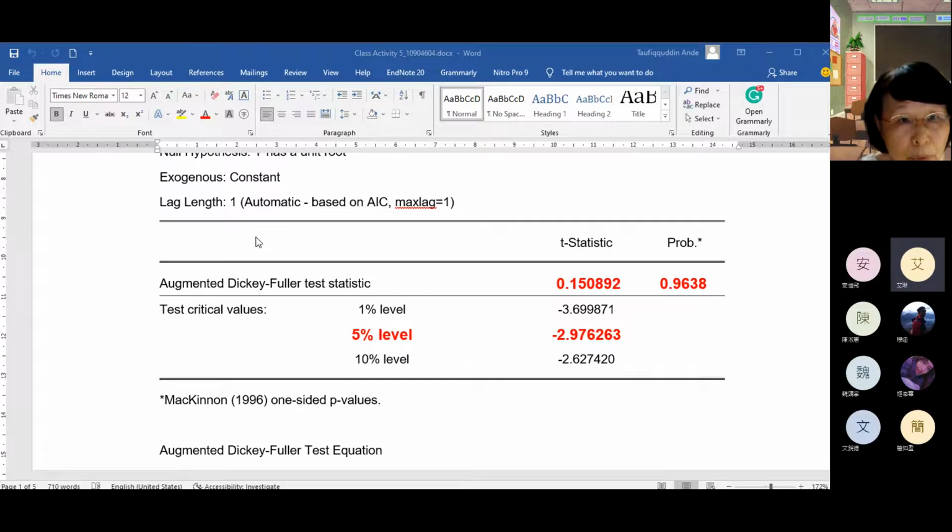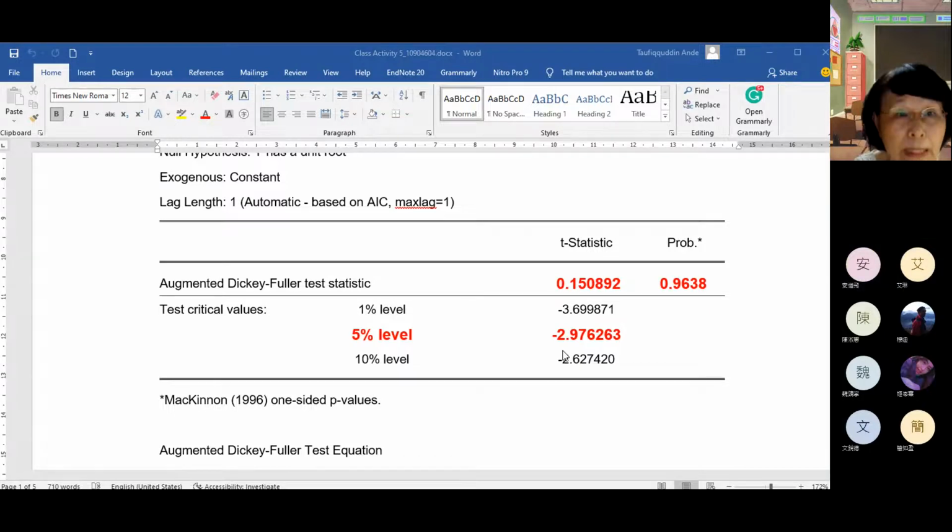And you also use the lag, which is lag 1. So this is the augmented Dickey-Fuller test with version 12.28. Understand what I'm saying? Okay, so according to 5%, the critical value is negative 2.97 something.